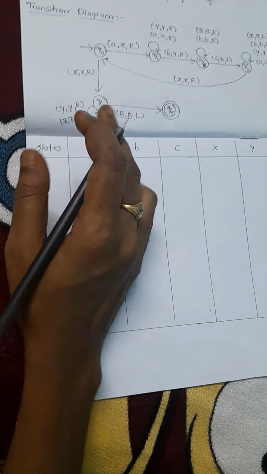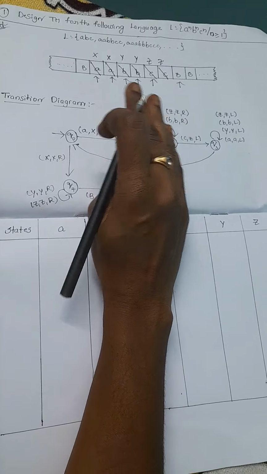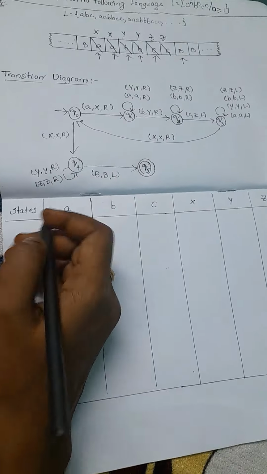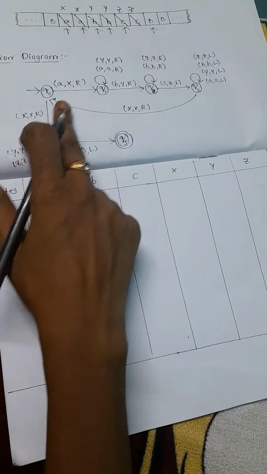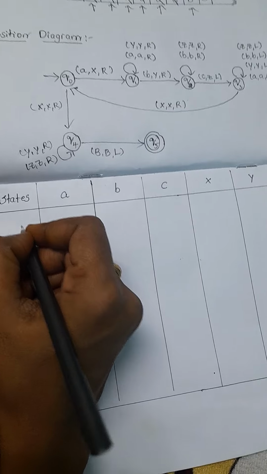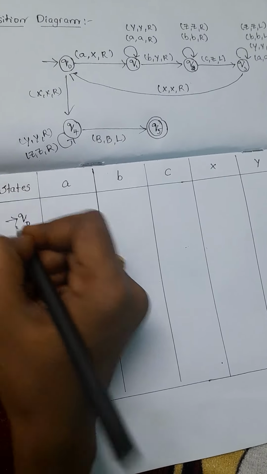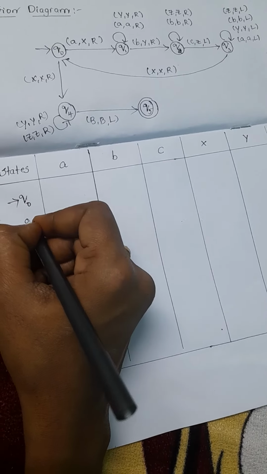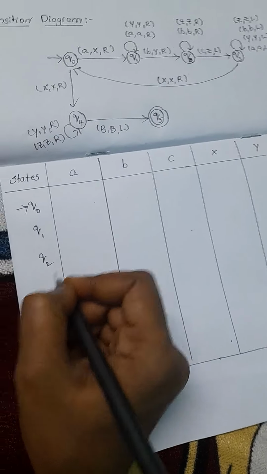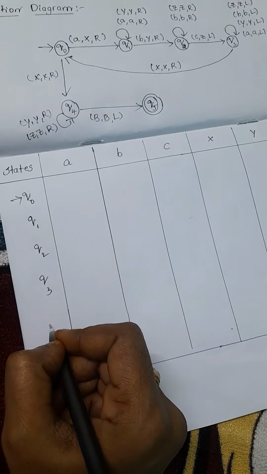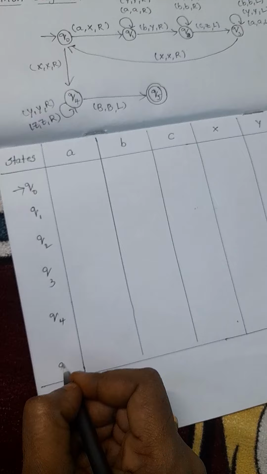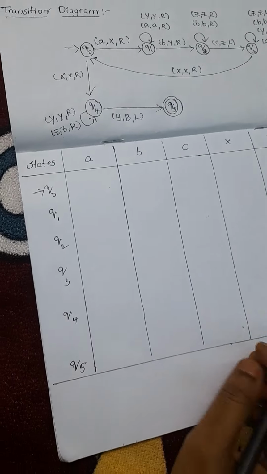Here you need to remember, if they have given 3 variables, any combination, we will have these many states: Q0, Q1, Q2, Q3, Q4 and Q5 are the states.